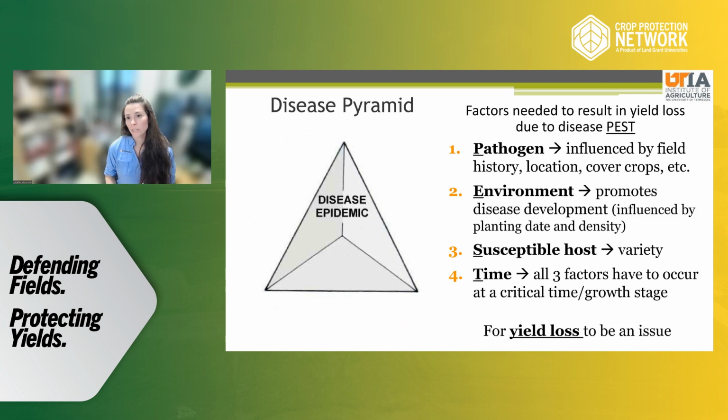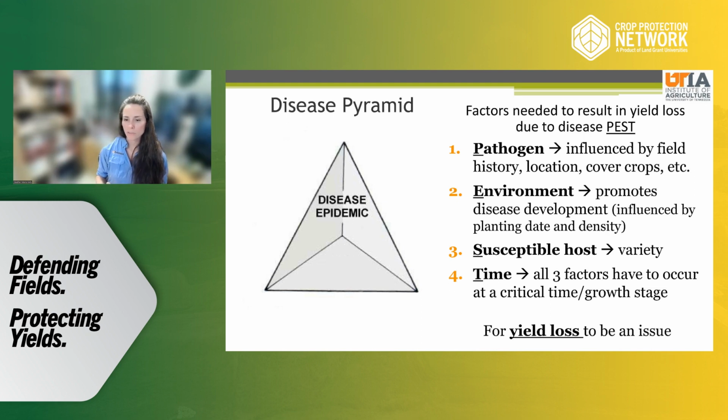So in review, again, the factors needed to result in yield loss due to a disease being a pest: you have to have the pathogen present. So again, keep good records of what's going on in the field and use these resources to help you identify that pathogen or disease in your field. Have the right environment; make sure you're following the recommendations on planting dates, density and fertility to promote the least favorable environment for disease development.